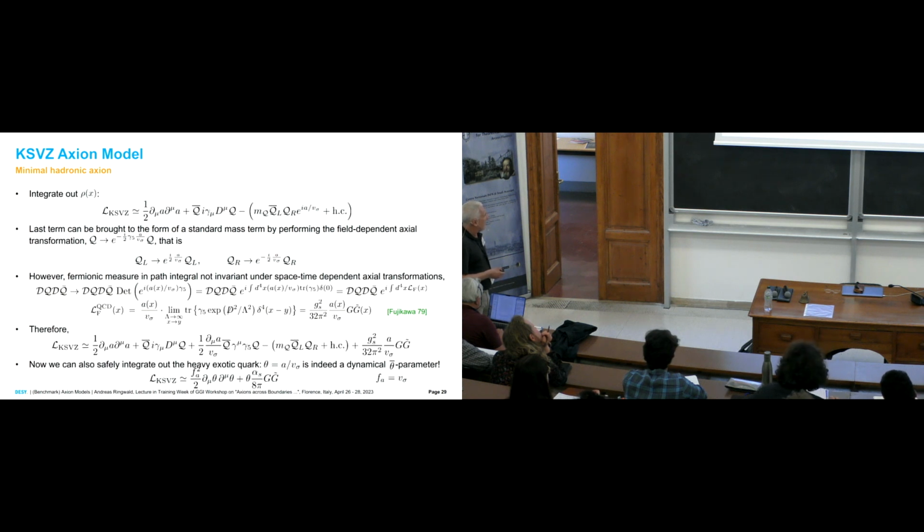And we see immediately that in this case, F_A can be identified with V sigma, the Peccei-Quinn symmetry breaking scale. So this is a very, very nice and beautiful thing.